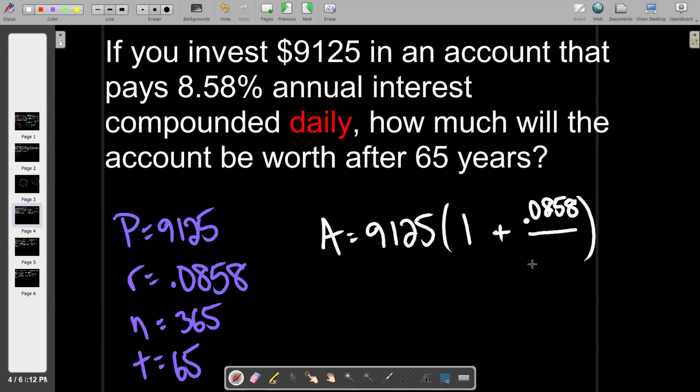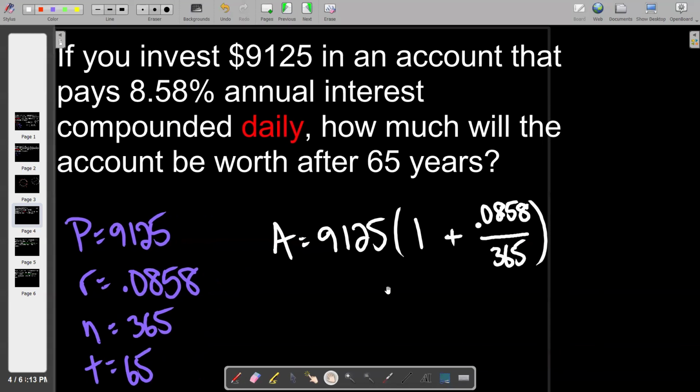And then on the bottom of the fraction is 365. And this is definitely calculator village. You would expect that if something happens 365 times per year and you do it for 65 years, that's a lot of times. It's a really big exponent there.